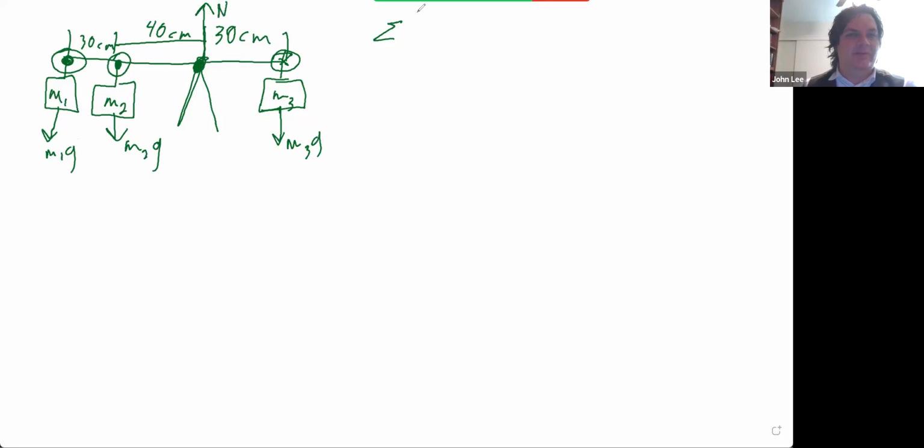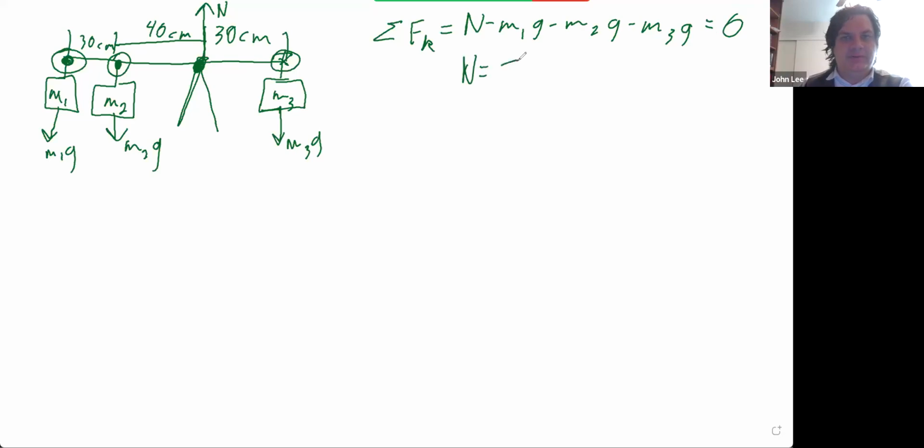So sigma Fy is going to be equal to normal force minus M1G minus M2G minus M3G is equal to 0. So normal force is going to be equal to the sum of the weights.